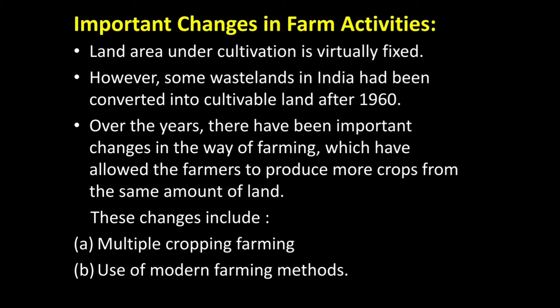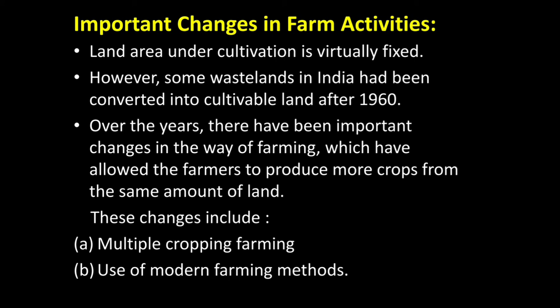So in that way, the land under cultivation in India is almost fixed, because the amount of land owned by the farmers remains fixed. It might get transferred from one owner to another, but the size will not grow by its own. So land is a fixed capital, and we can otherwise say that land is a fixed factor of production.